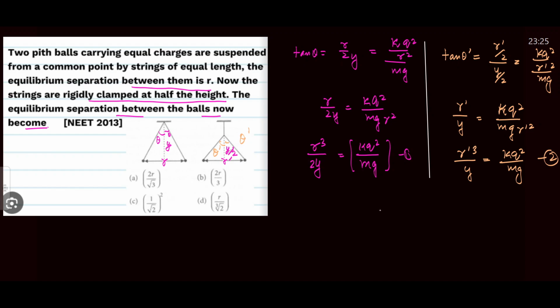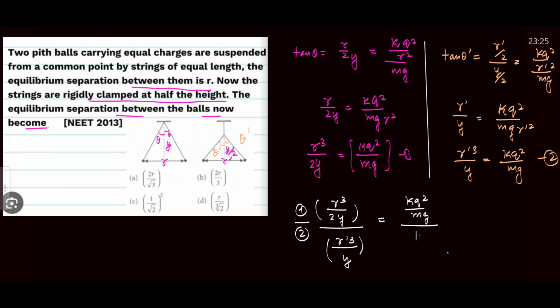So now you know both equations, just divide them directly. You will say equation 1 divided by equation 2, that becomes r cube upon 2y upon r prime cube upon y, sorry, not 2, this is y. And on the right hand side, you will see this is kq square upon mg, it is also kq square upon mg, that is going to be 1.